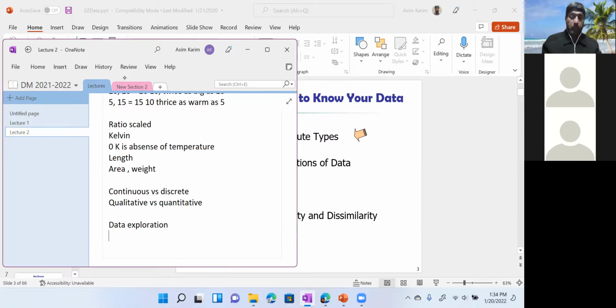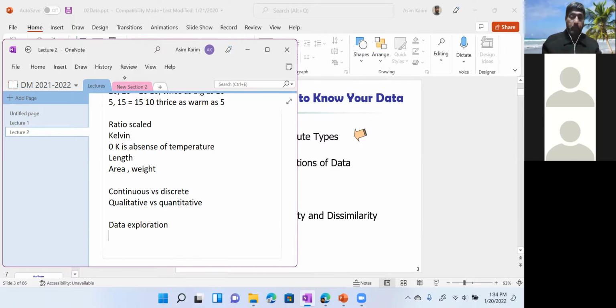So we talked about data exploration or understanding in terms of attributes and data, but we would like to explore the data a bit more, specifically in terms of numbers, or I would say characterization.